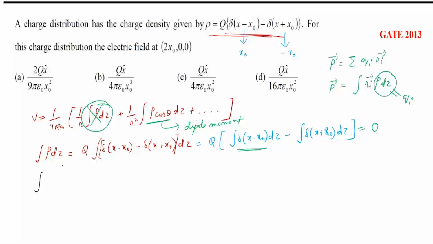Integration of, since it is one dimension, I'm trying to calculate p, the dipole moment. So instead of r, I'll write x prime rho. Yes or no?